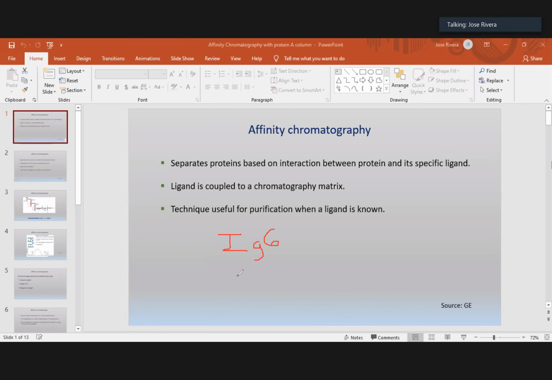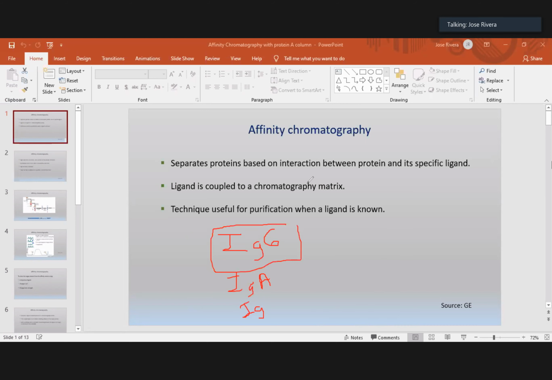So you don't want albumin, you don't want IgA, you don't want the other IgGs. You just want this one, IgG.